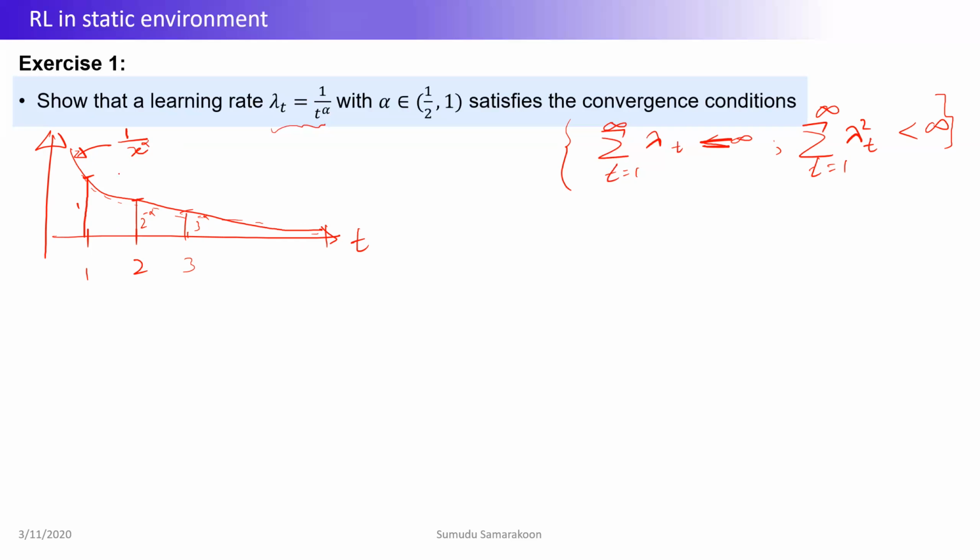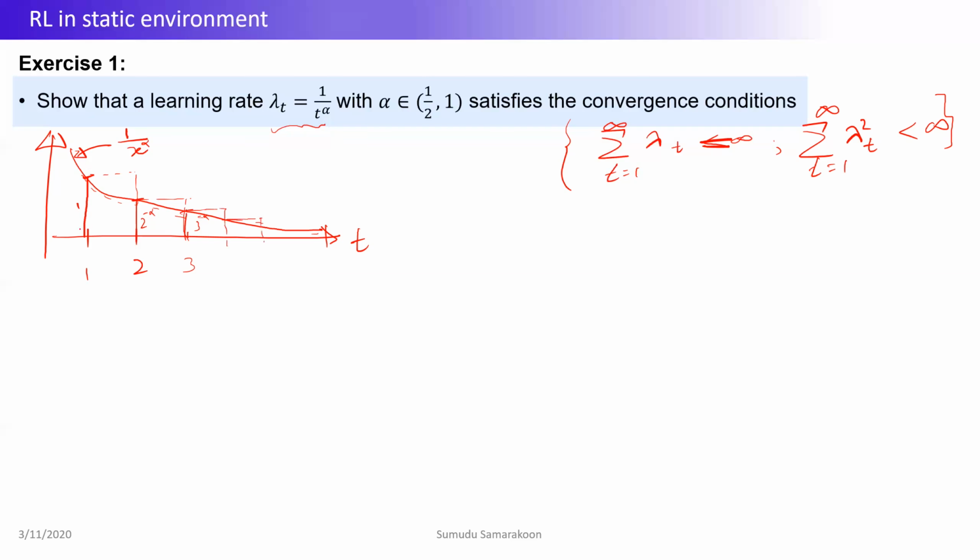I can write this as 1 over x to the power alpha. We know if I integrate this function for a given duration, I can calculate the area under this curve. Now what I'm going to do is make a couple of rectangles at these points, right?